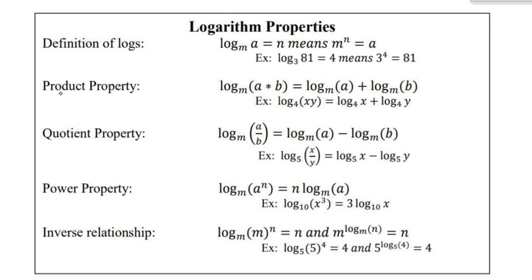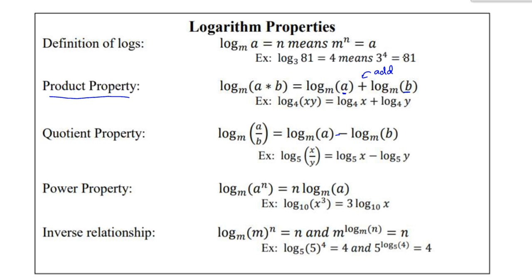This first property right here, the product property, says when you have a log, base whatever, of two things being multiplied together, you can actually split that into two logs where you separate the a and the b and you put a plus in between.